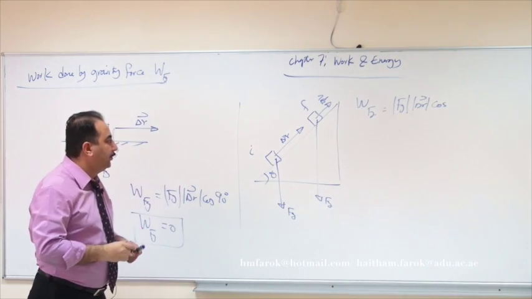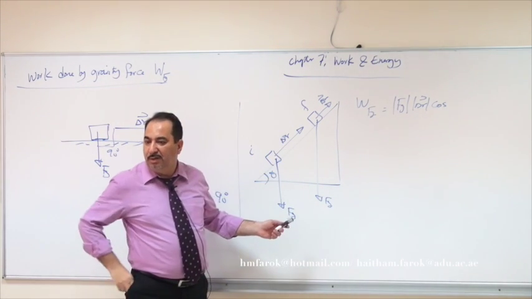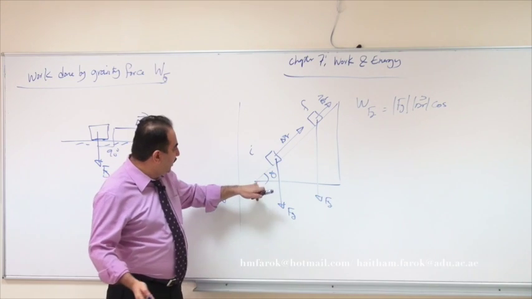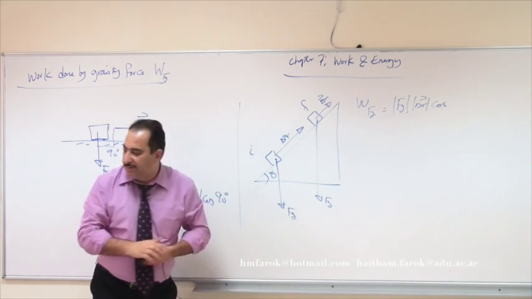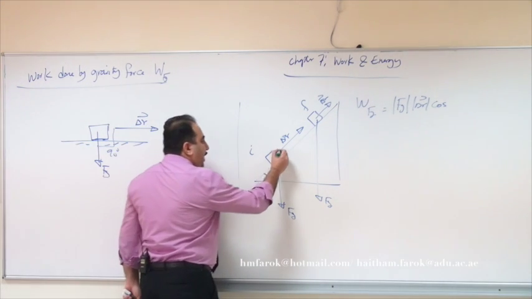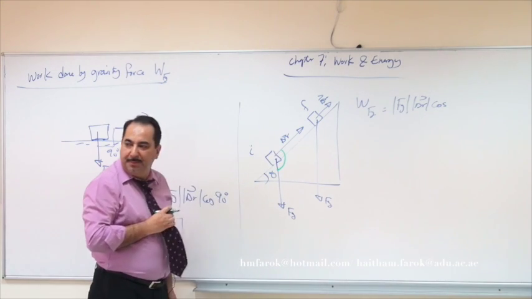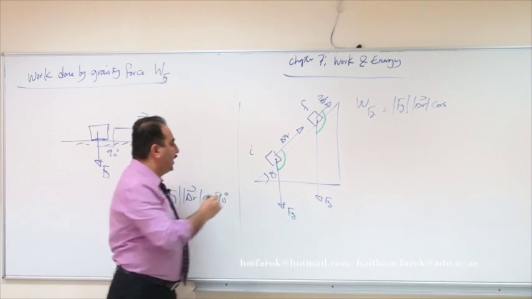Okay, look here on the board. Is theta the angle between the displacement and Fg? No. Theta is not the angle. Theta is the angle of the surface. So where is the angle I'm looking for? It is this angle, this one. Let's say alpha.